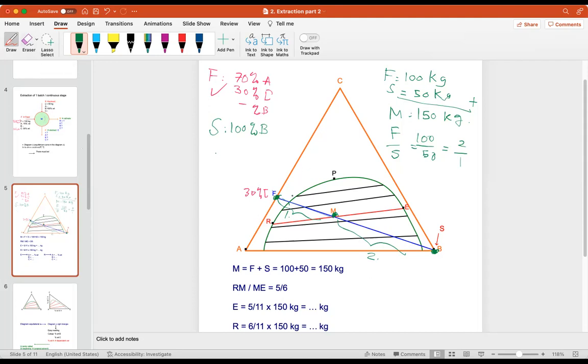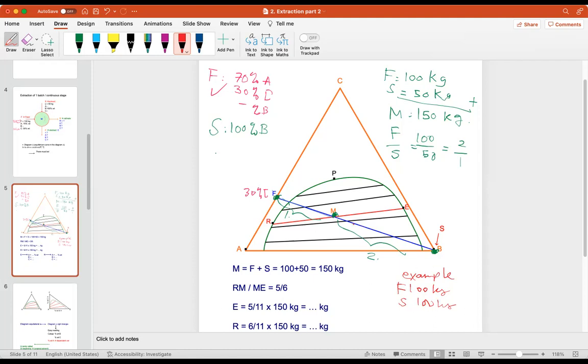If for example I don't want 50 kilogram, I want to have 100 kilogram of solvent. If you want to have 100 F and also solvent 100 as well, then the ratio is 1 by 1, because the feed is 1 and the solvent is 1, so maybe around this one.